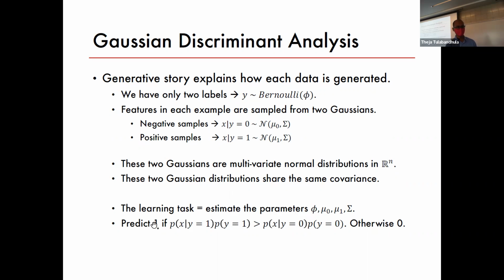And we can predict 1 if the following condition holds. By the way, this probability of x given y is equal to 1 times probability of y is equal to 1 is nothing but probability of x comma y is equal to 1, right?